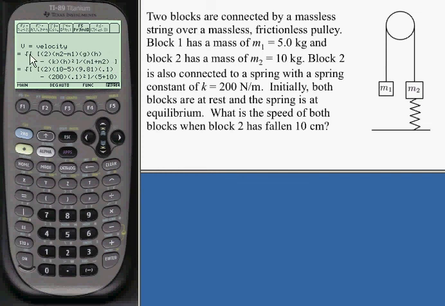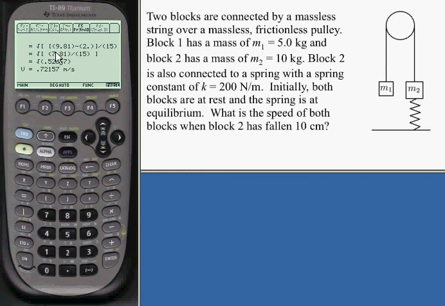All within the square root sign. So now we add the variables. Here's 2, 10 minus 5, here's 9.81, here's 0.1 for the height, here's 200, here's 0.1 squared, and divided by the quantity 5 plus 10, which is the sum of the two masses. Make sure you write this all on your paper so you look like a genius.